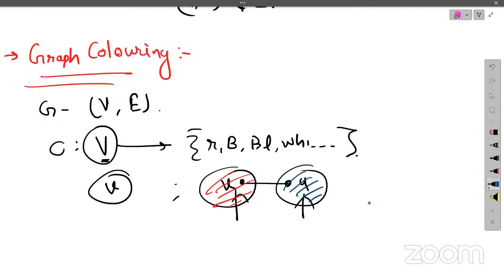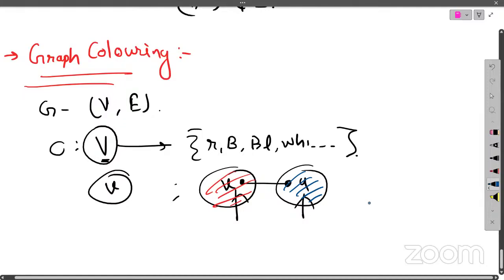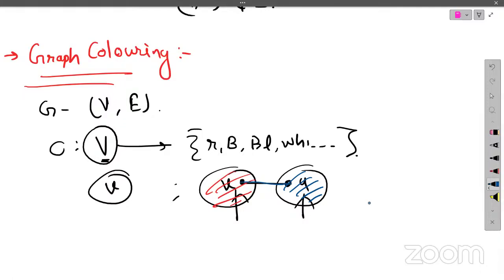This is the one restriction we have to keep in mind when we color our graph. Such a process is known as graph coloring. So graph coloring means we have to associate a color to every vertex, but with a restriction. We have to take care that if there is an edge between two vertices, then these two vertices should get different colors.